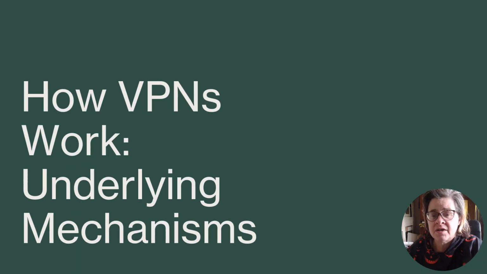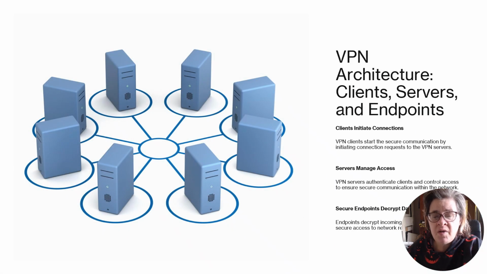The following section details the technical workings of VPNs, including their architecture, data encapsulation techniques, and the main protocols to establish and maintain secure VPN connections. VPN architecture typically involves clients initiating connections, servers managing access, and secure endpoints where data is decrypted.